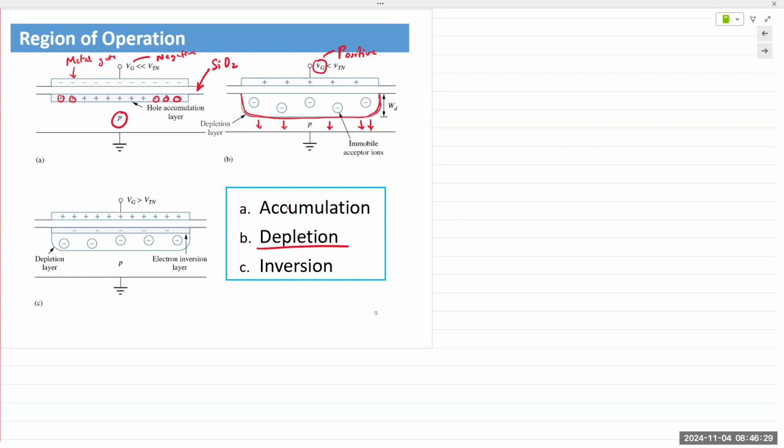Okay. So now VG is still increasingly positive. At some point, it's going to cross over, or it passes a certain voltage. And at that voltage level, it's going to attract a lot of free charge carriers. That voltage is known as the threshold voltage, VTN.